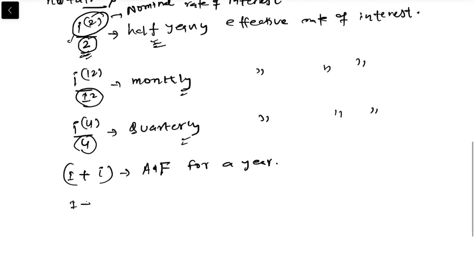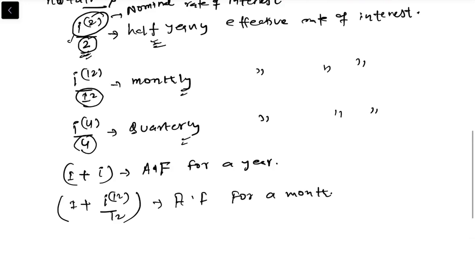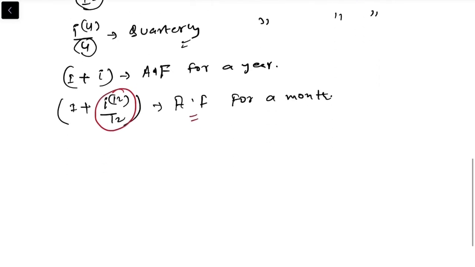Similarly, what is 1 plus i(12) divided by 12? This is the monthly effective rate of interest, and that's why it is accumulation factor for a month. Now what if I give you 1 plus i(4) divided by 4? So this is accumulation factor for a quarter.